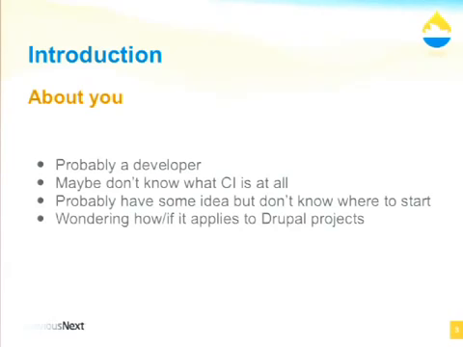I don't know if anyone was in the Agile project management talk this morning, but it was mentioned that Drupal projects tend to be a bit behind the times with a lot of Agile practices.